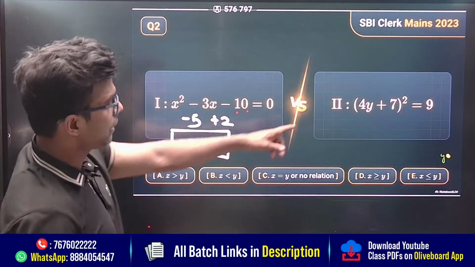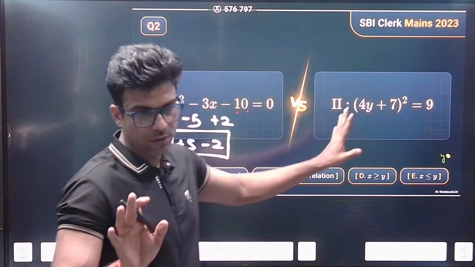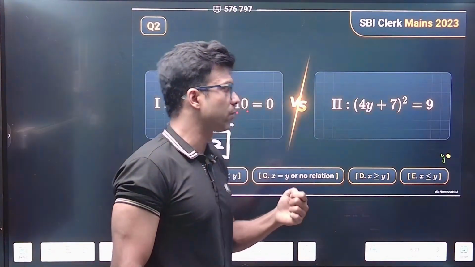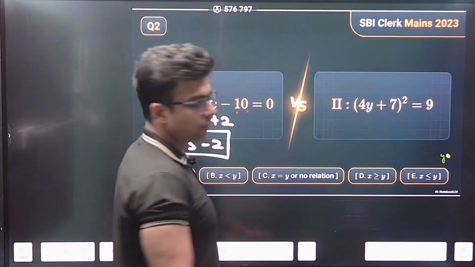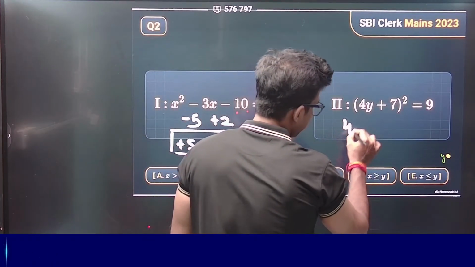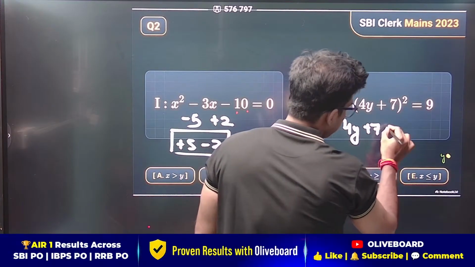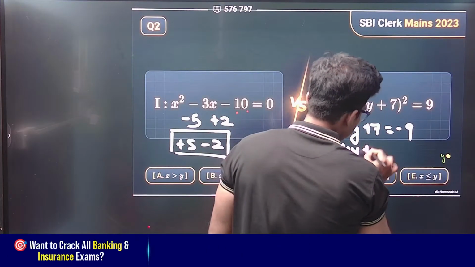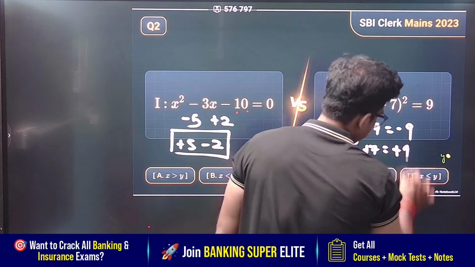Now you have 4y plus 7, just wait, okay? Now you have basically 4y plus 7 whole square is equal to 9. First of all, you can write 4y plus 7 is equal to minus 9, and then 4y plus 7 is equal to plus 9. Isn't it right?